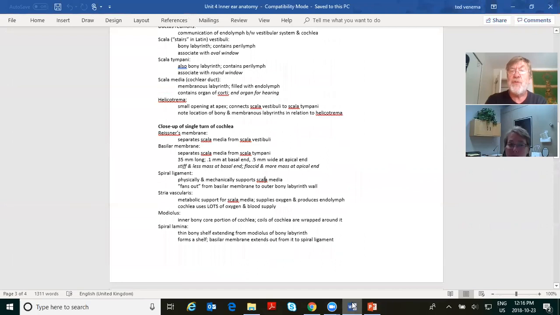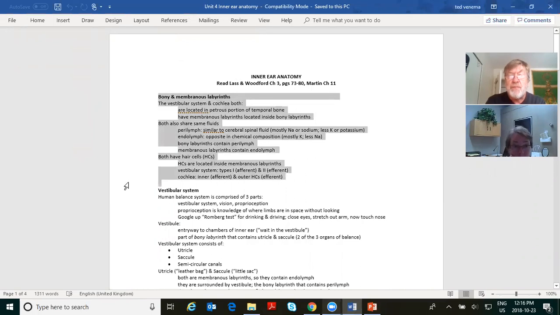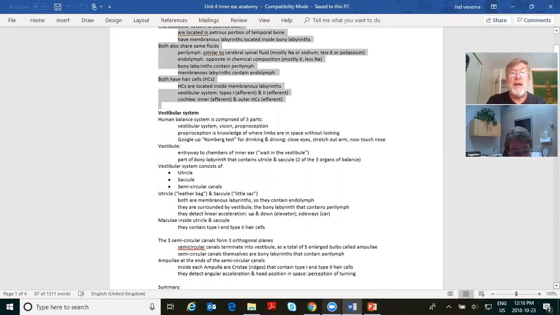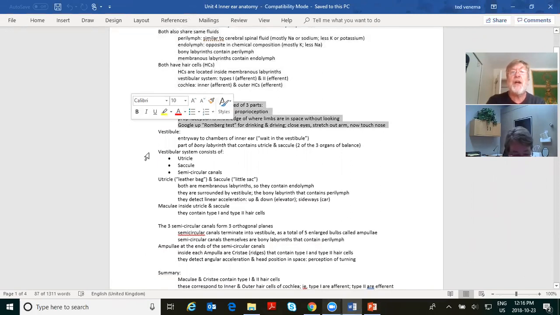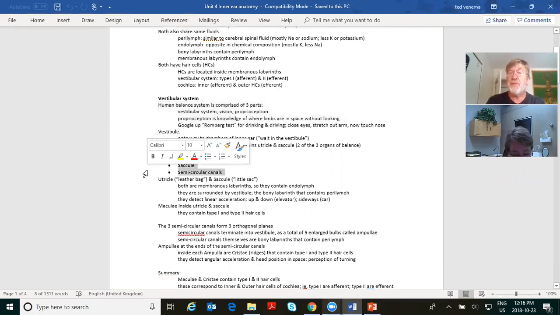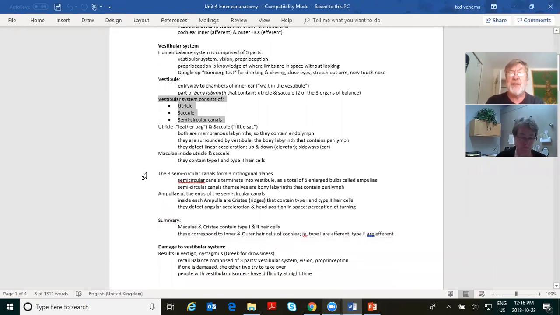In the notes, as we work our way from the top, this section is very important. The vestibular system, make sure you have the fact of human balance comprised of 3 parts, and then the vestibular system itself comprised of 3 parts. And notice how the semicircular canals themselves have 3. There's a real 3, 3, and 3 here.